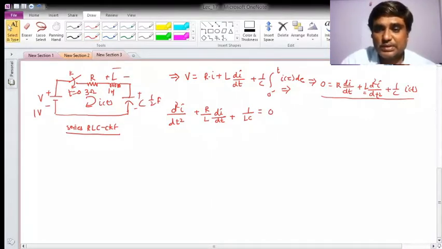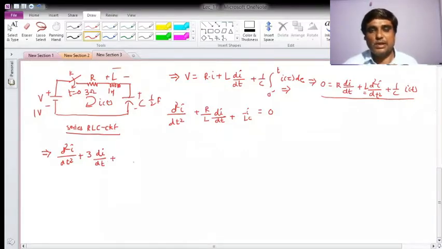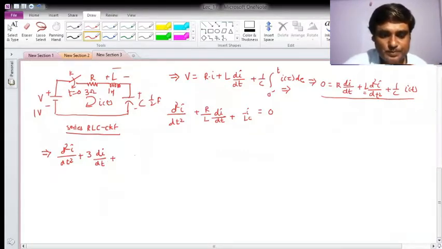Then if I put in the given values of R, L and C, the equation becomes d2i by dt square plus 3 di by dt plus 2 i of t equals 0, since R is 3, L is 1, and C is half so 1 over LC is 2. This is a second order differential equation.